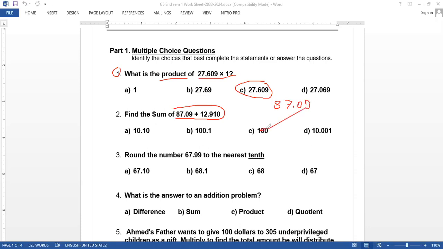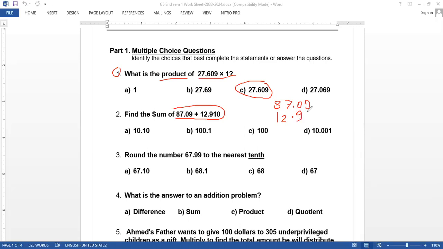Now I need to line up the points. I put the point below the point and I write here 12, and I write the ones below the ones and the dot below the dot and the tenths below the tenths.